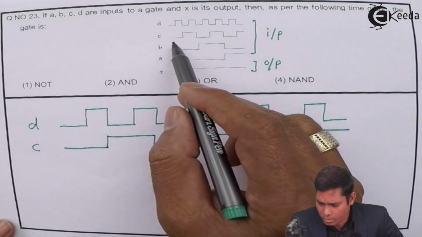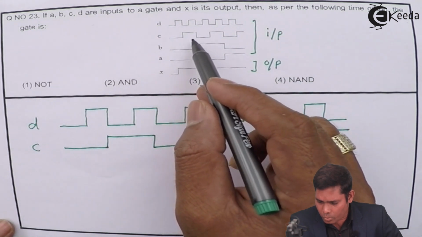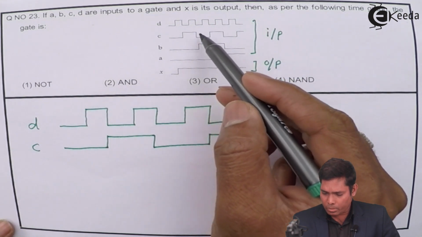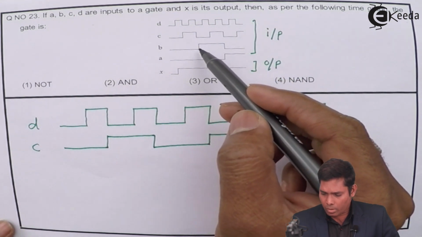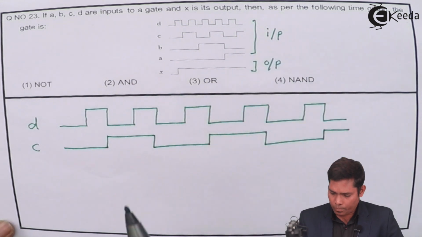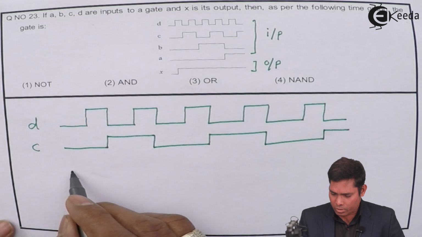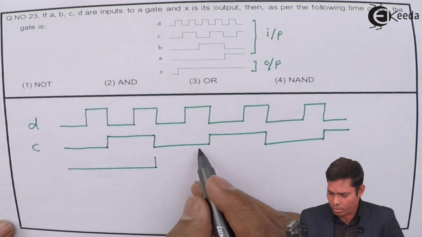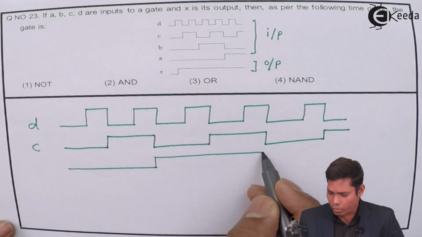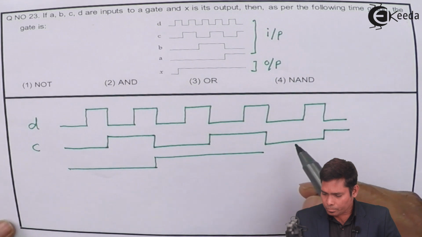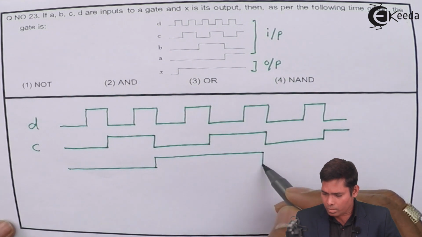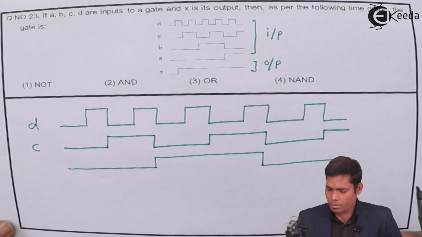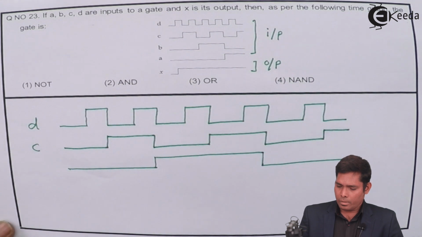B is what? 1, 2, 1, 2. With respect to this, it is first straight, then up, then straight, then it is down, and then straight. So it is like that.